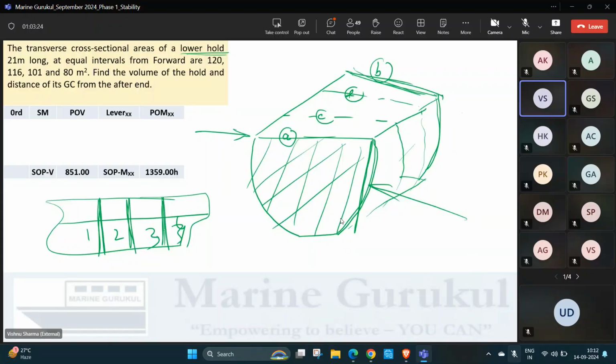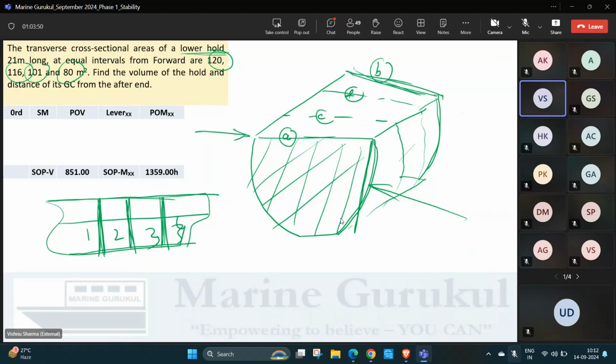But the problem is the deck is straight, the keel is straight, then all the lengths will become the same. Then how do I reflect to myself these changing cross-sectional areas? These areas, guys, are not changing because of the height of the deck or from the keel.